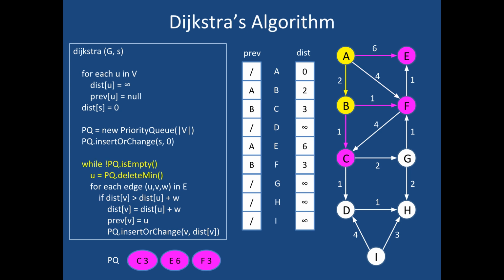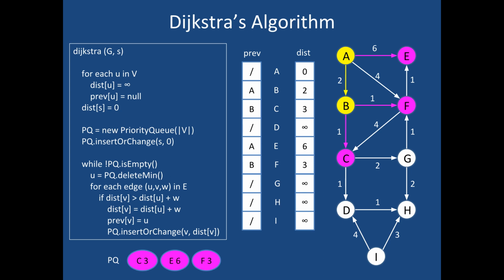Anyway, I looked at the wrong thing. It's F. Okay, F changed to 3. Let me back up. Before, the previous of F was A, and the distance to F was 4. And it's changed to B, with distance 3 now.